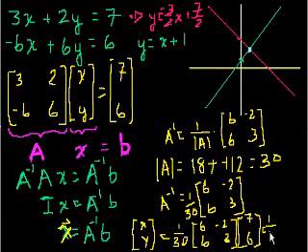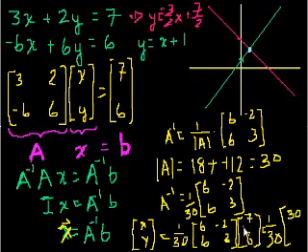And so what is this equal to? It's equal to 1 over 30 times, I know I'm crowding this down here. Let's see, it's 6 times 7 minus 2 times 6. So 6 times 7 is 42, minus 2 times 6, so minus 12, so that's equal to 30.